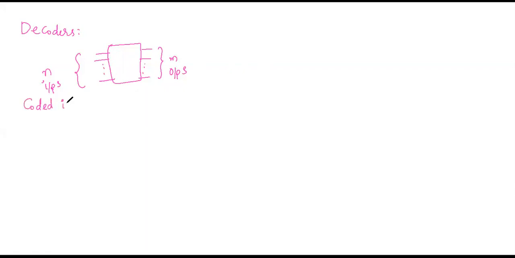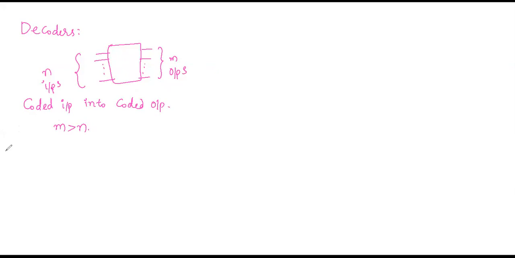For a decoder, the number of outputs is greater than the number of inputs. This is the decoder introduction.